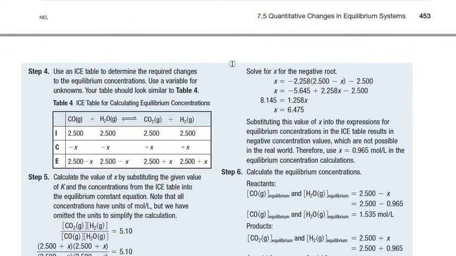Then let's have an ICE table. Initially we have 2.5, 2.5, 2.5, 2.5. The coefficients of all of them are 1, as in the balanced chemical reaction. So we have minus x here and plus x here. So we have 2.5 minus x, 2.5 minus x, 2.5 plus x, 2.5 plus x.